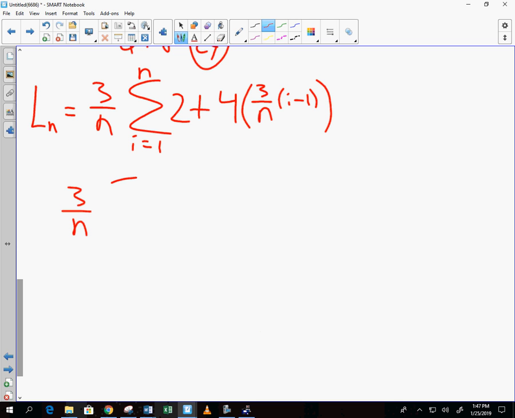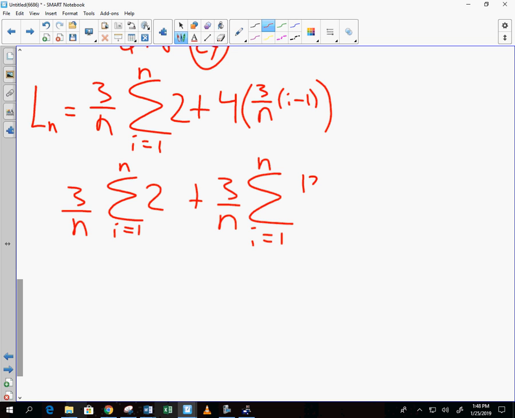Three over n times the sum from i equals 1 to n of 2 plus, let's see, that ends up being 3 over n times the sum from i equals 1 to n of, we'll write it as 12i over n minus 12 over n.